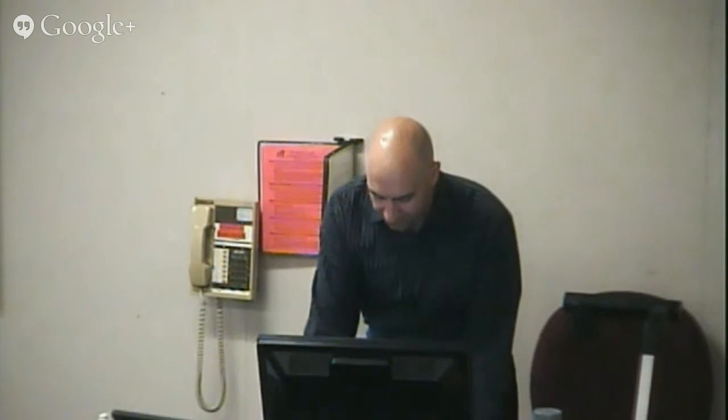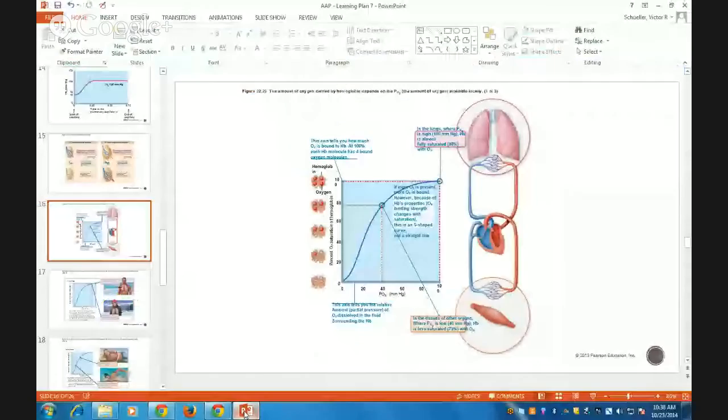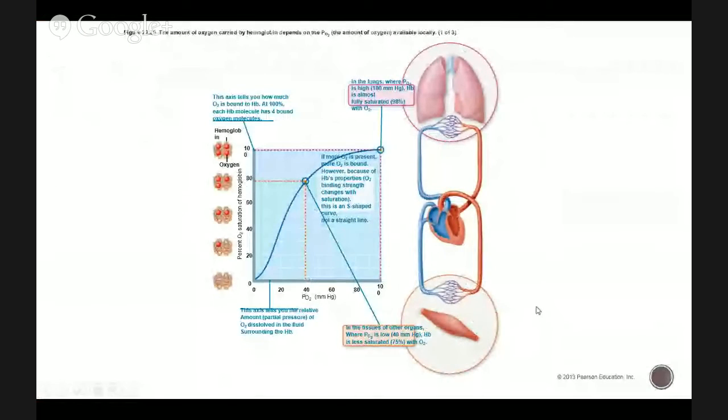So anyway, there are different things that determine how closely hemoglobin is going to hang on to oxygen. We look at these different factors, and they are shown in your notes and also in your book. Okay.